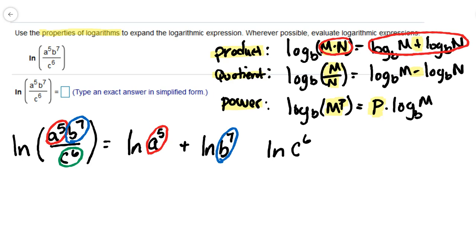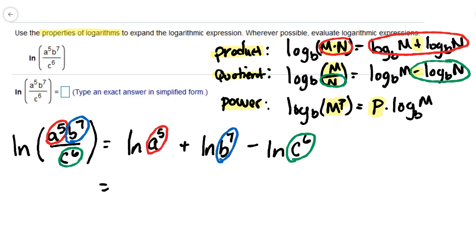However, notice the factor from the denominator is the factor that's negative here. So this c to the 6th is going to have a minus in front of it. So we've used both the product and the quotient rule to expand to this step.